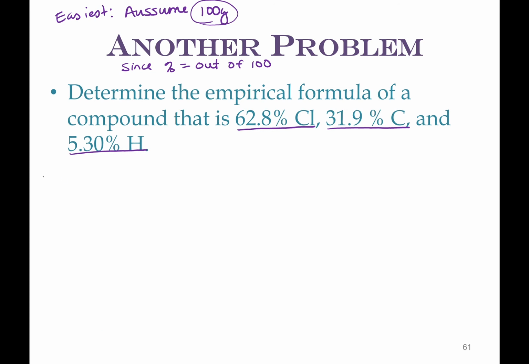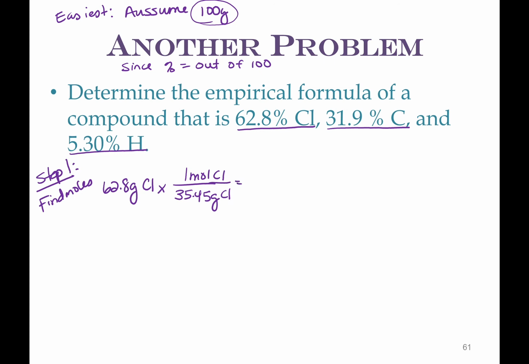So step 1, find moles. 62.8 grams of chlorine. Each chlorine has a mass of 35.45 grams for 1 mole. So that gives us 1.77 moles of chlorine.